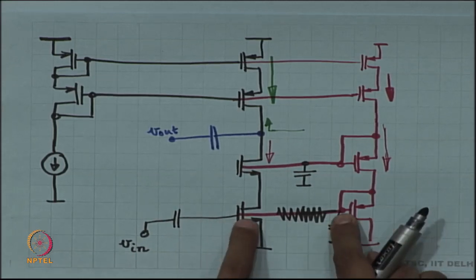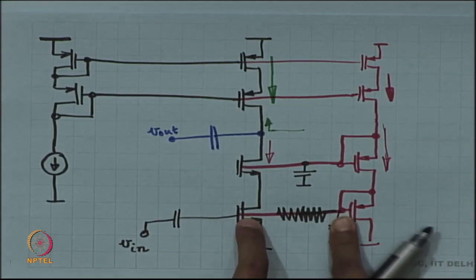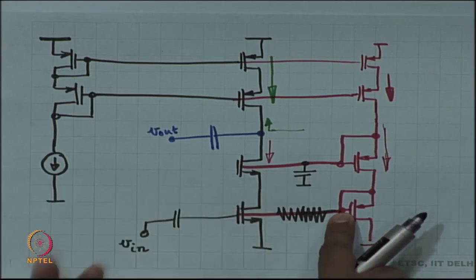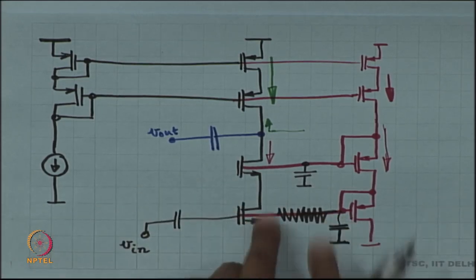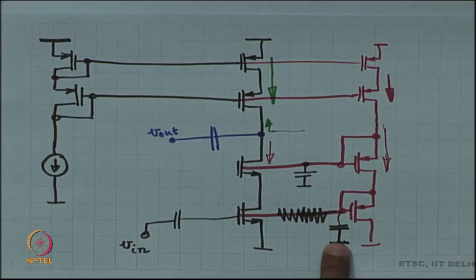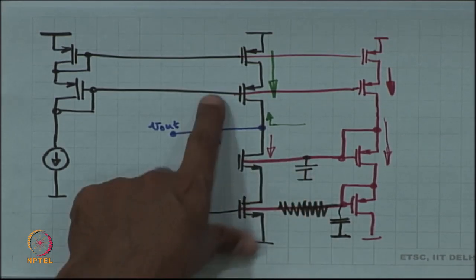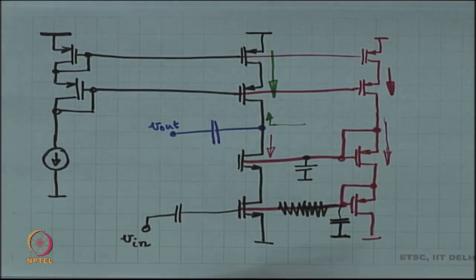It is an open for AC because it is a very large resistor, and this is a short for AC. Likewise, I needed common gate over here, so short for AC. These points also need to be shorted to ground.